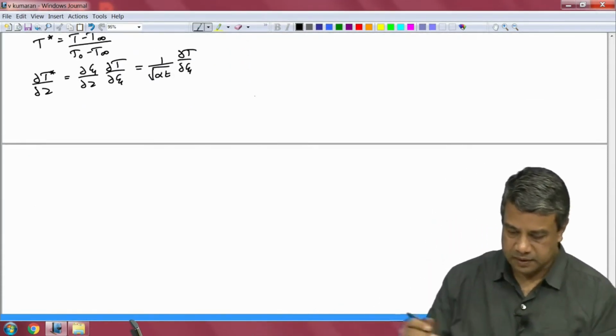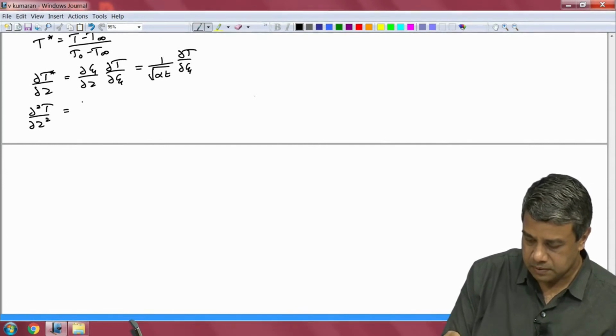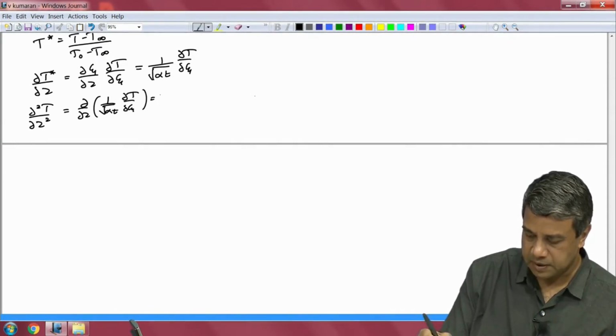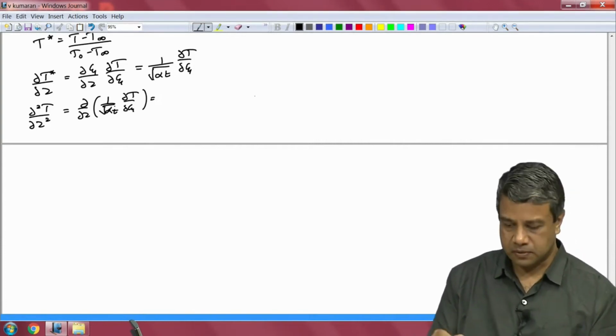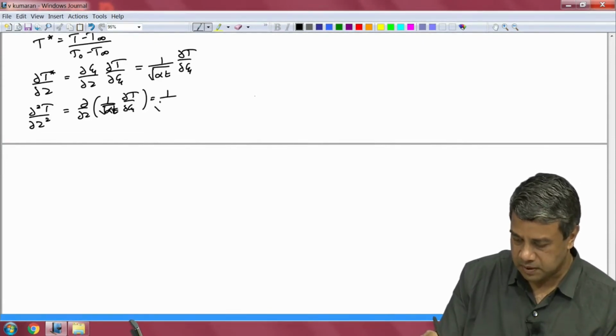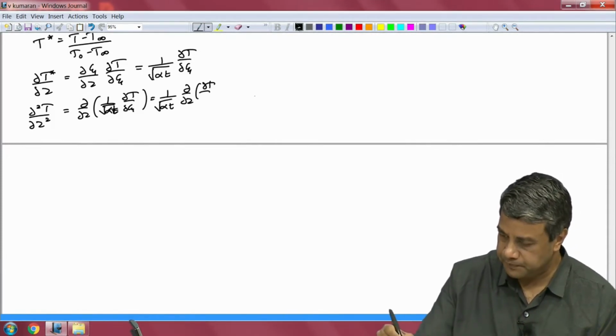The second derivative, partial square t by partial z square, is equal to d by dz of 1 over root alpha t partial t by partial psi. Since t and z are independent coordinates, I can take this as 1 over root alpha t, partial by partial z of partial t by partial psi.